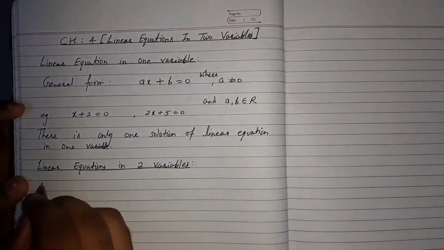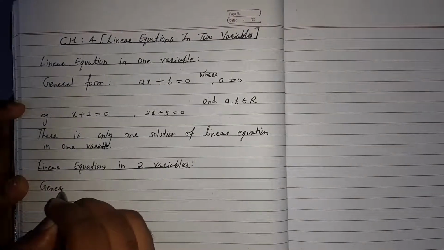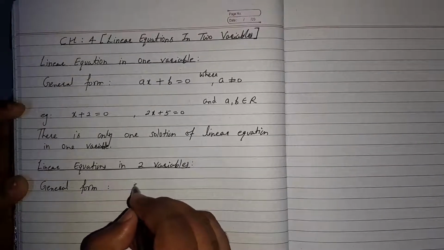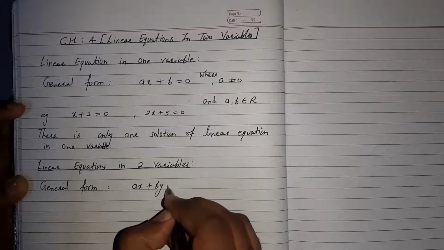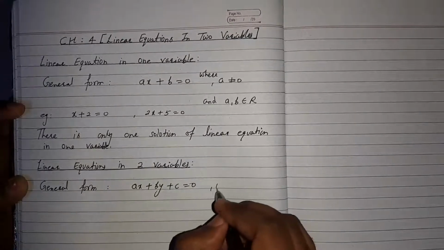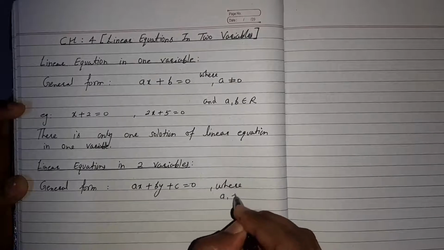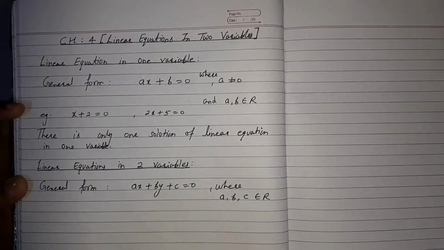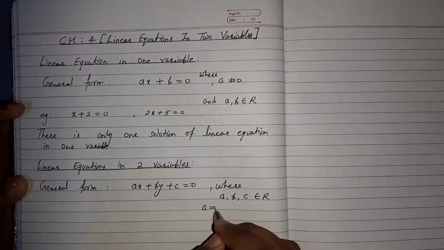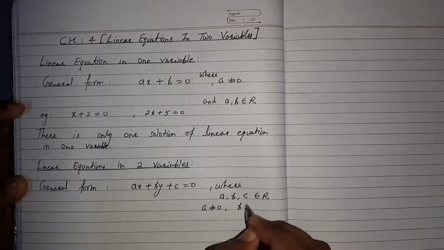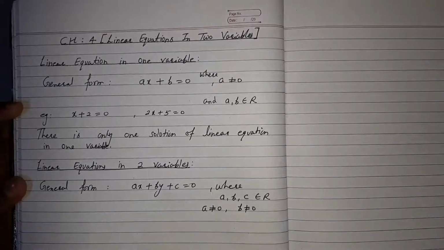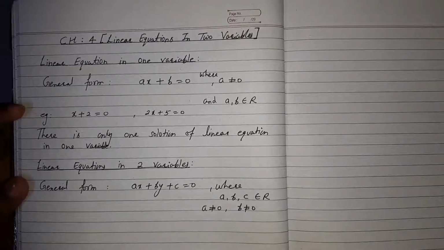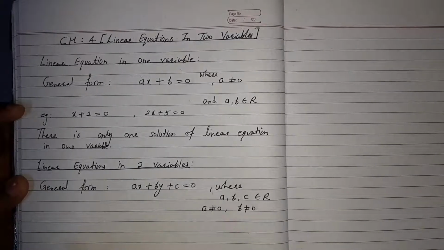The general form, or standard form, of a linear equation in two variables is ax plus by plus c is equal to 0, where a, b, c belong to real numbers, meaning these are real numbers. And a does not equal 0 and b also does not equal 0. Here we have the condition that a does not equal 0 and b does not equal 0.